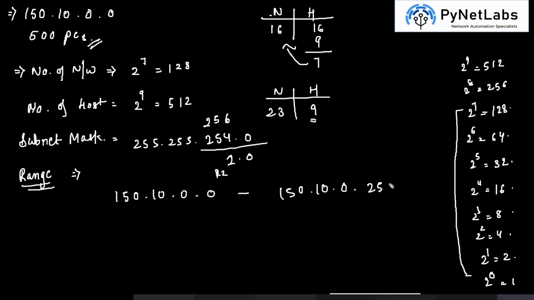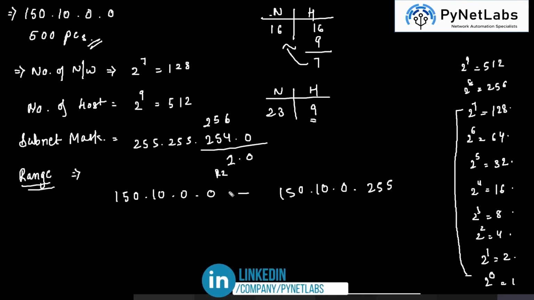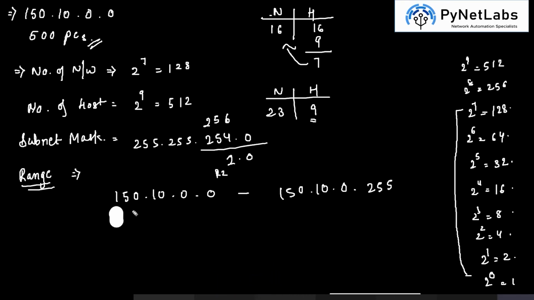If we take this till 255, here in this case, we are done with 256 addresses, right? Make sense? Great. Now, after this 255, the octet number 3 will be changed and the range will become, sorry guys.